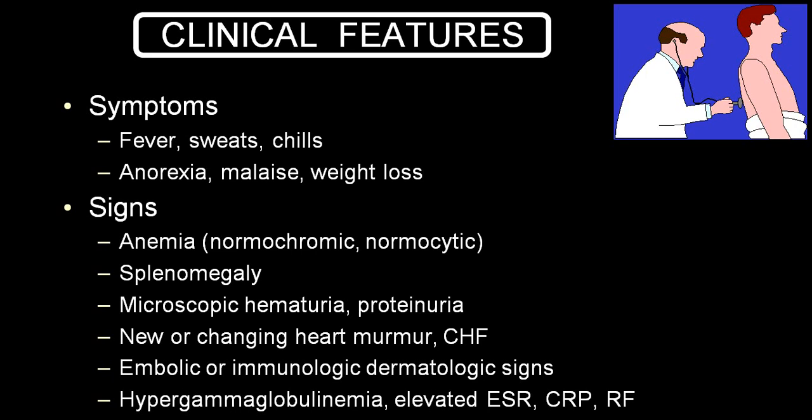Immunological and dermatological signs include Osler's nodes, and embolic signs like Janeway's nodes. The person can also develop Roth spots, which can be easily detected by fundoscopy. You will have elevated gamma globulins, ESR, CRP will be elevated, RA factor may be positive.